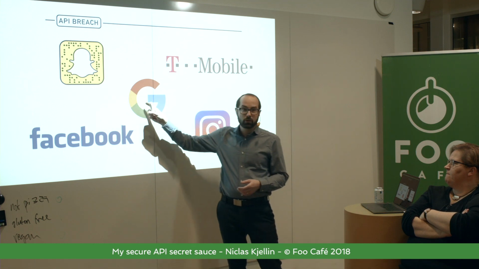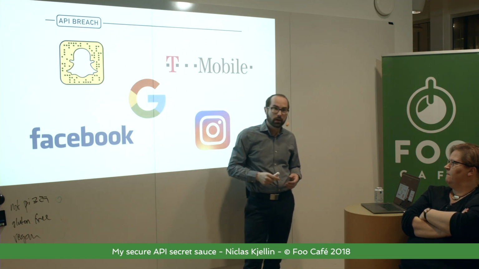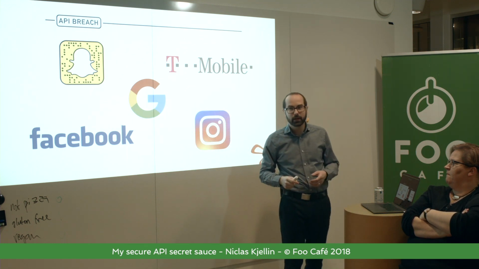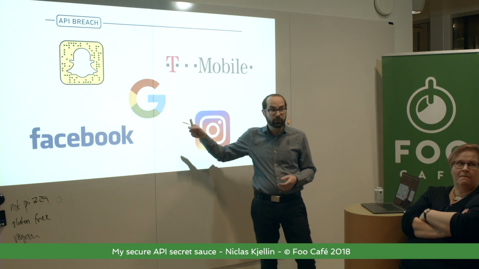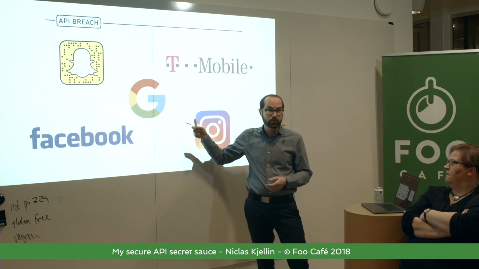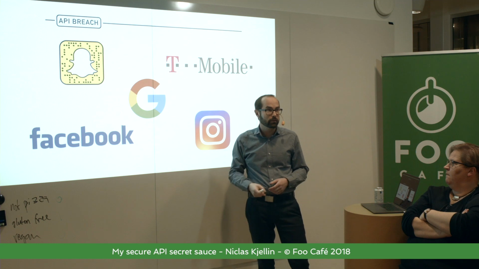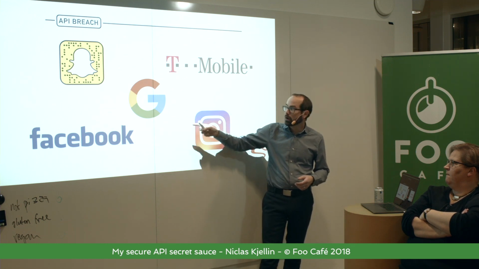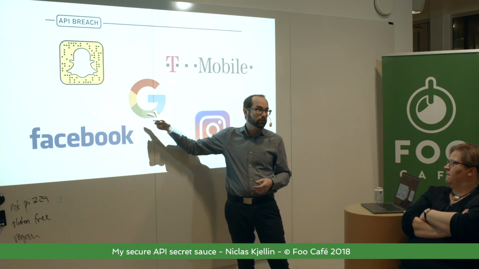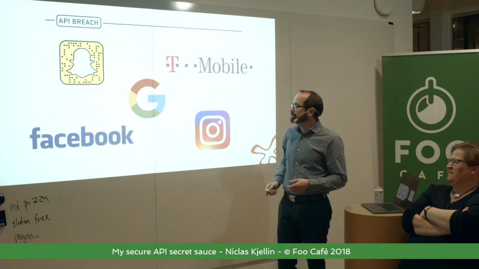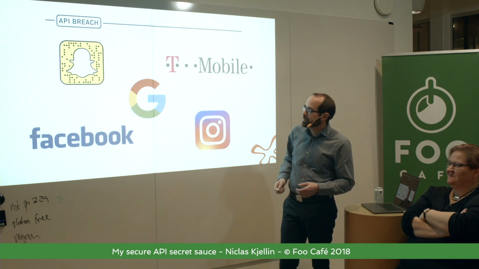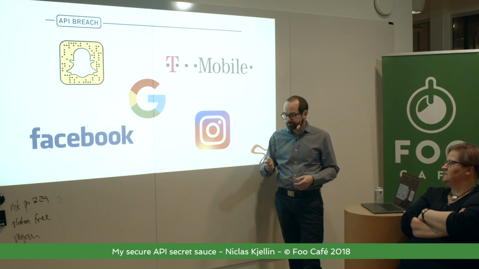And Google here, a couple of months ago, they leaked 500,000 accounts from their Google Plus through an API call. And 500,000 isn't much. When we talk about leaks, you usually talk about millions and millions of users. There was only 500,000 here, but that's because it's Google Plus. It was probably all the users of Google Plus. So, yeah. But that is quite serious when this happens.